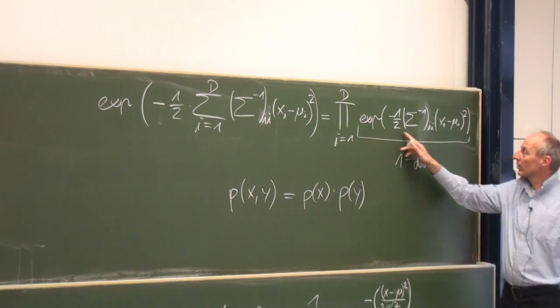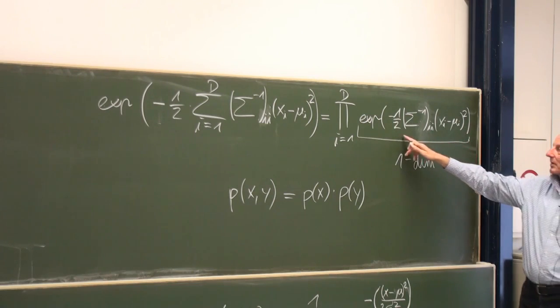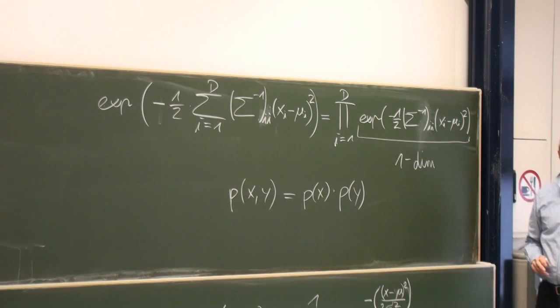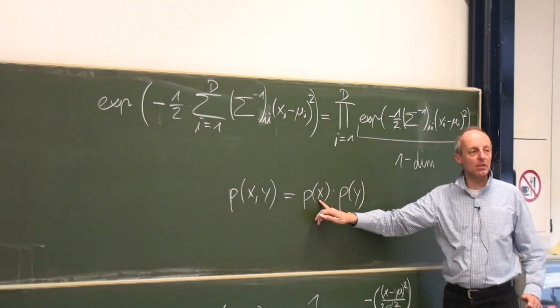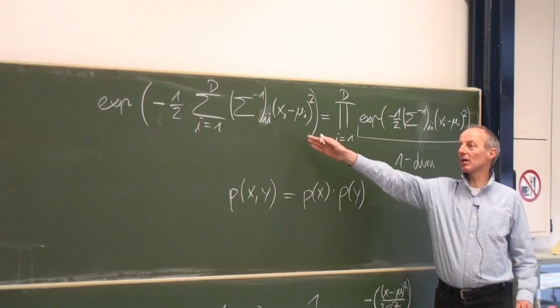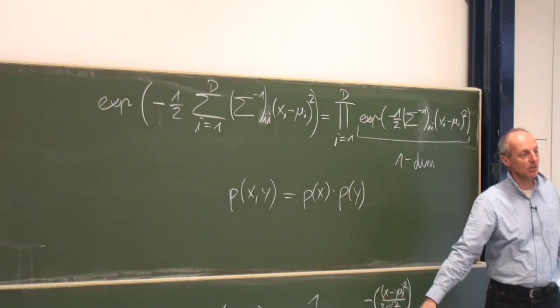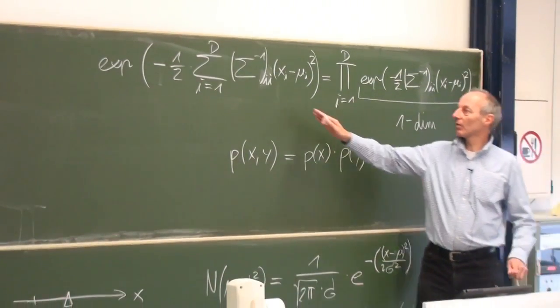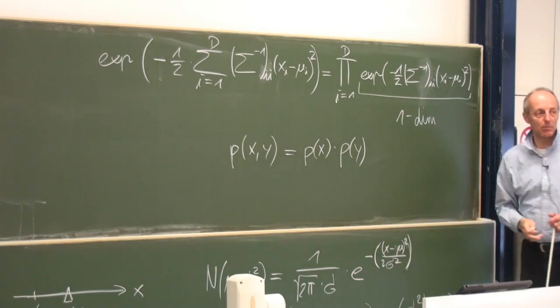Look, these one-dimensional normal distributions are the densities of the individual one-dimensional variables. And if these variables are independent, that's when the covariance matrix is diagonal, then our multidimensional Gaussian splits up in such an easy product.